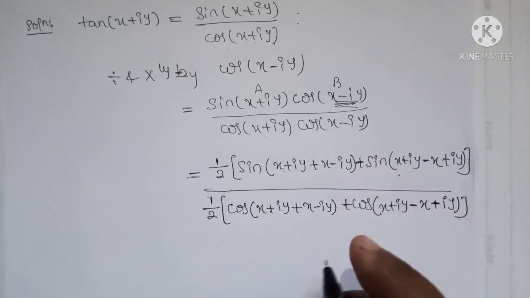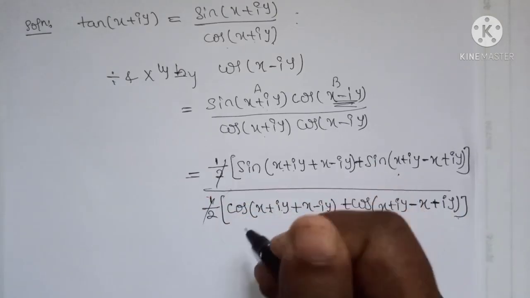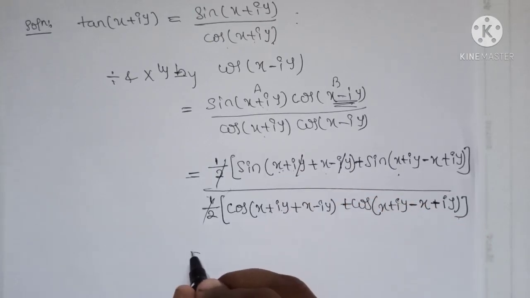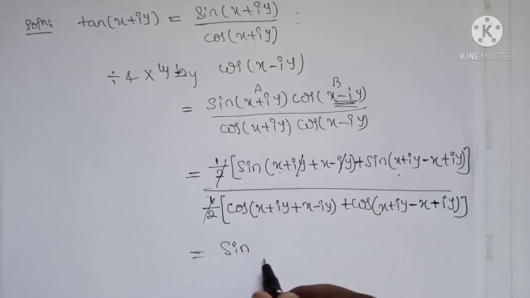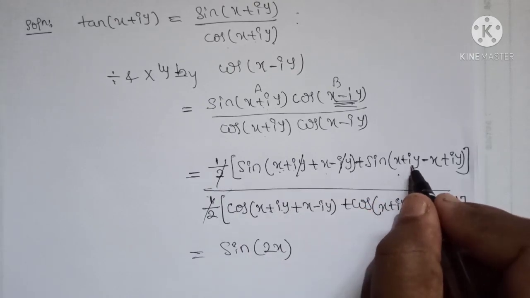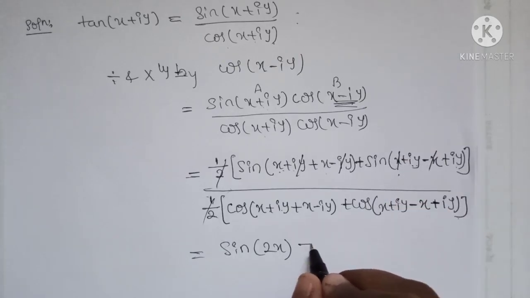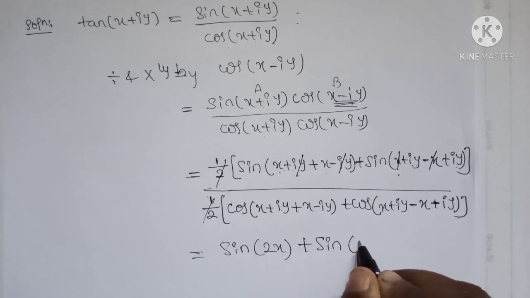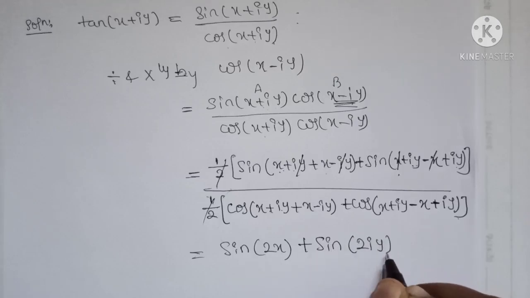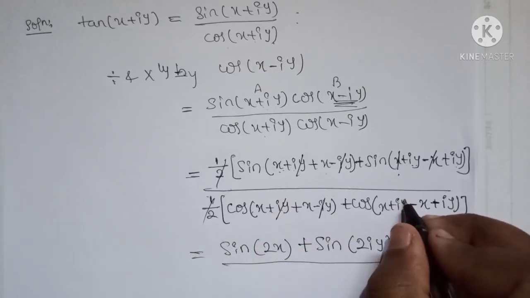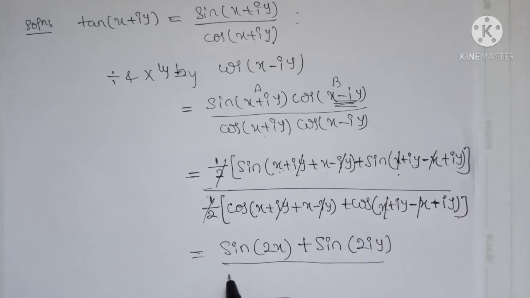Now we simplify this one. The 1 by 2 cancels, plus iy minus iy cancels, we get x plus x, 2x, that is sin of 2x. Here minus x plus x cancels, iy plus iy, we get sin of 2iy. In the denominator, plus iy and minus iy cancel, plus x minus x cancels, we get cos 2x plus cos of 2iy.